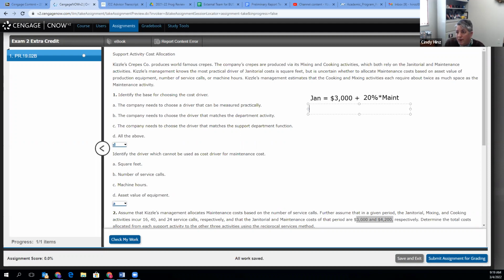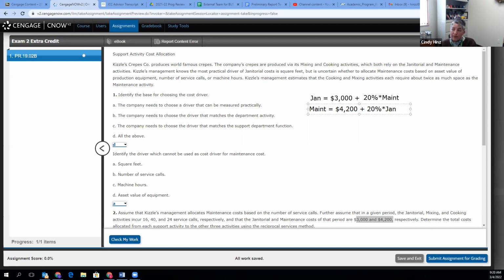The maintenance department is going to include its direct costs given as 4,200 plus. So cooking and mixing take twice as much space as maintenance. So if we just assign them 2 and 2, and then maintenance is 1, maintenance is 1/5 or 20% of the total cost of janitorial.